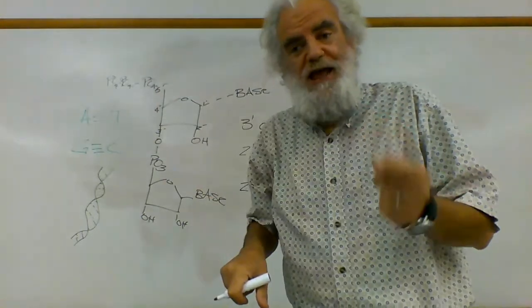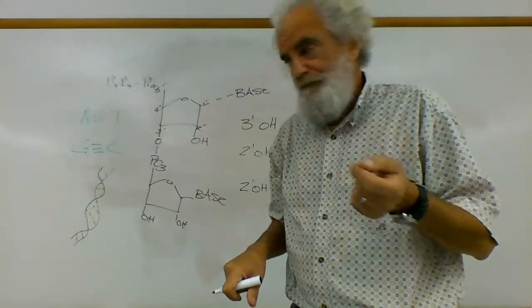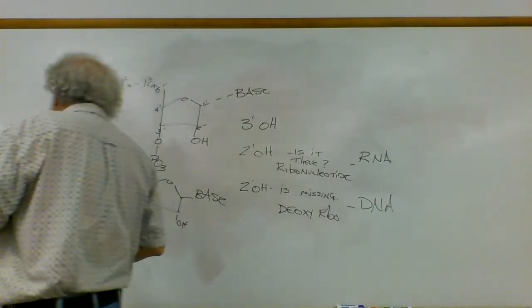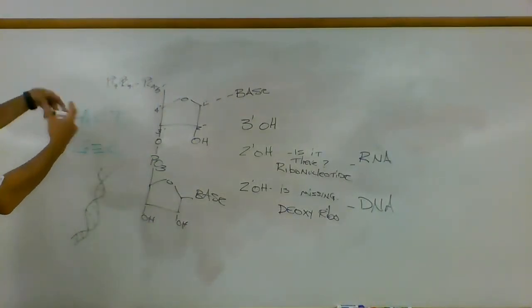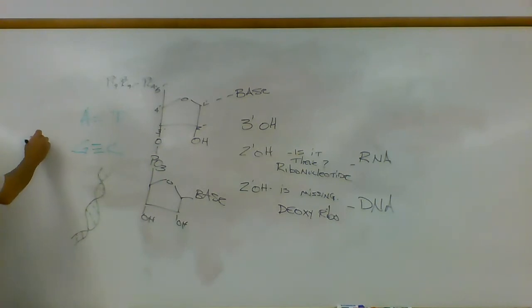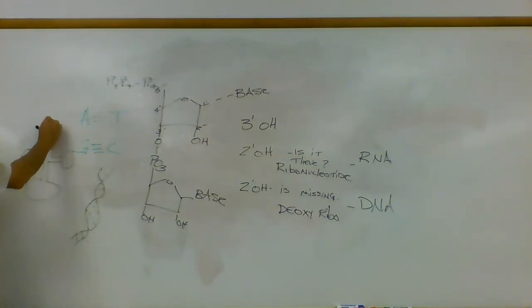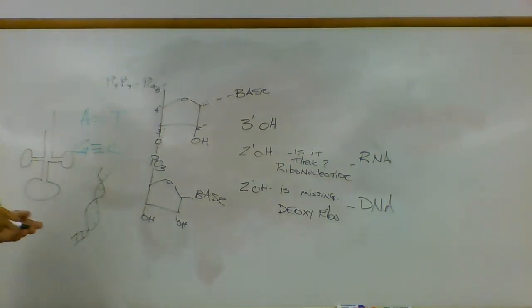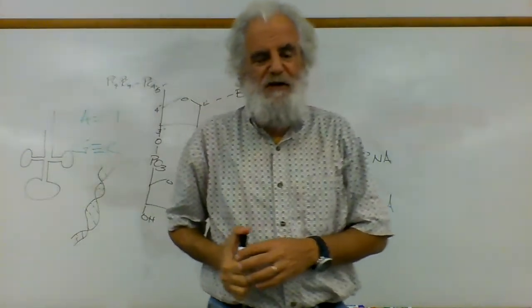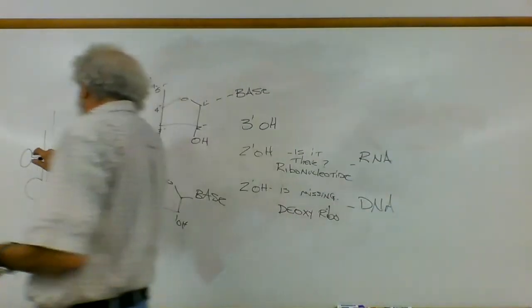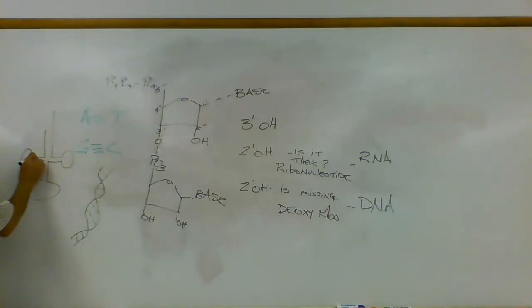Now, RNA is single-stranded. But because it's single-stranded, it can form internal base pairs, and you can get some really interesting, cool structures with an RNA molecule. Things that look like this, where we have internal, or as we call it, intramolecular base pairing, in which you can make these little stem and loop or cloverleaf structures.